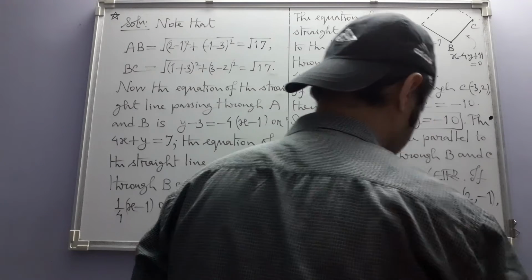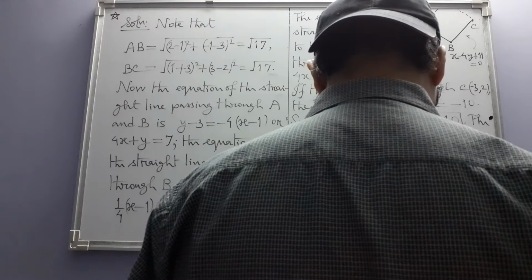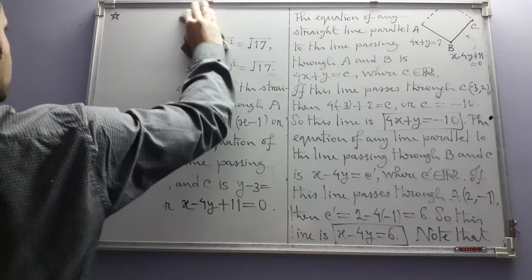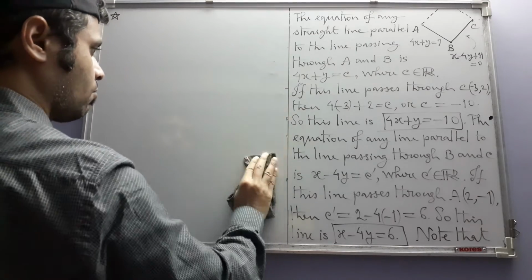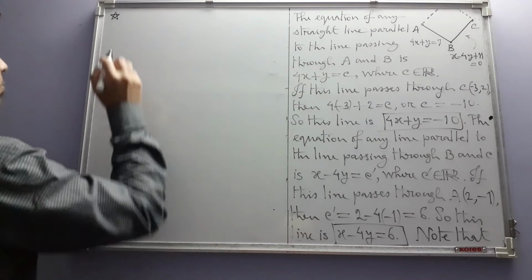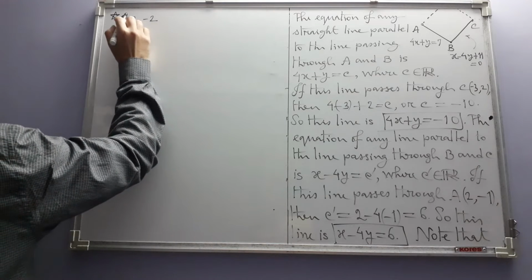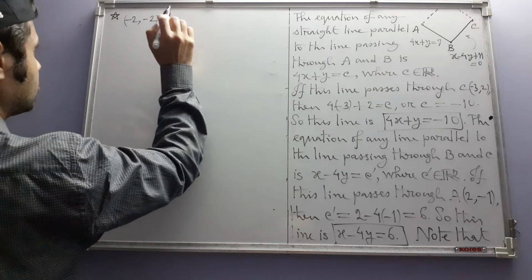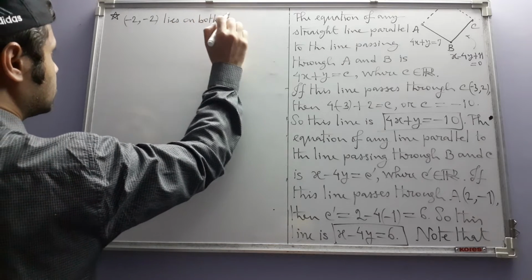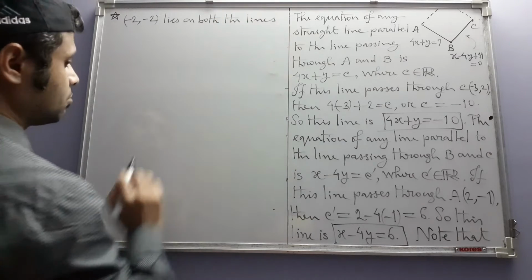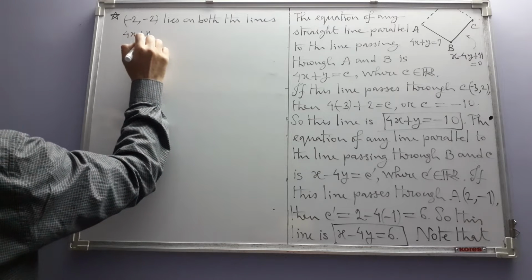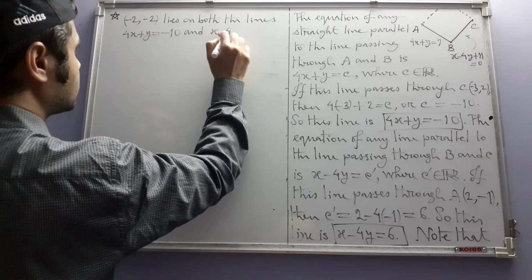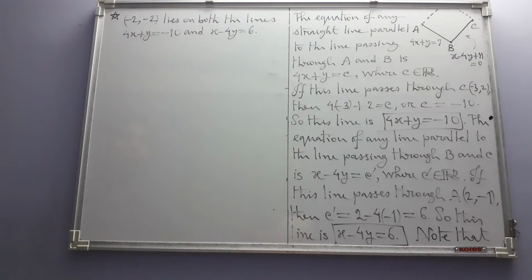Note that minus 2, minus 2 lies on both the lines, this one and x minus 4y equal to 6.